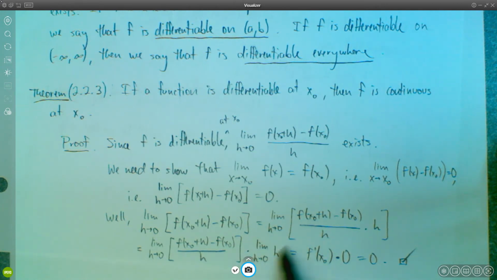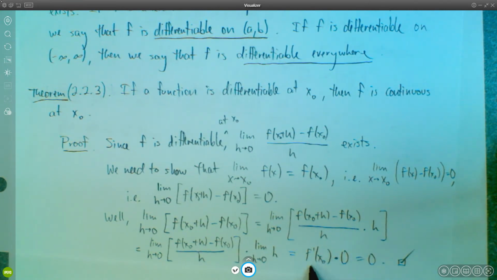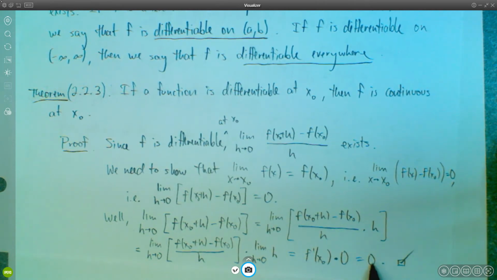And this other piece is just the limit as h approaches 0 of h. This limit exists, it's the derivative, f prime of x naught. The limit as h approaches 0 of h is just 0. And this number times 0 is going to be 0, which is exactly what we were trying to show. So there you go. If f is differentiable at x naught, then it's continuous at x naught.